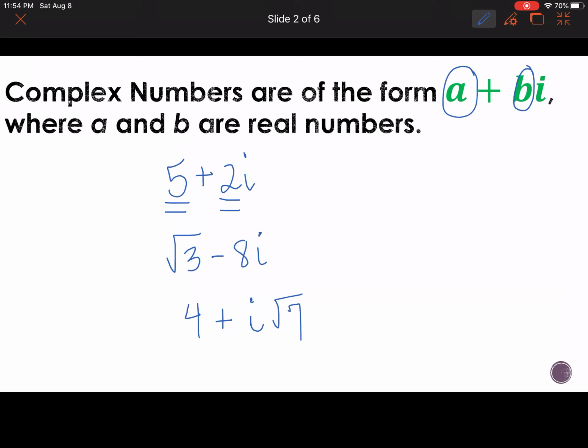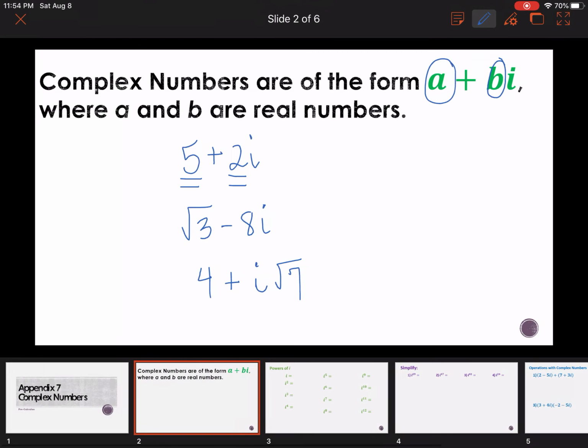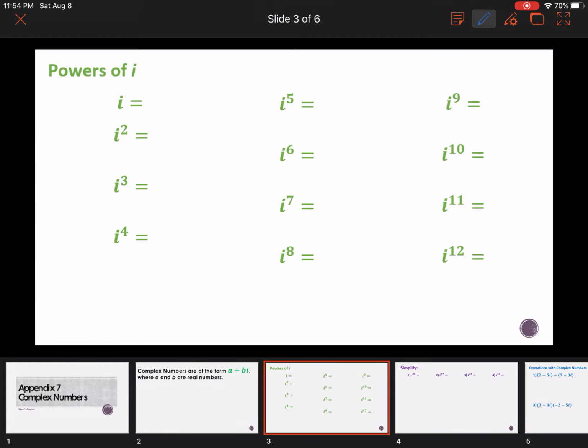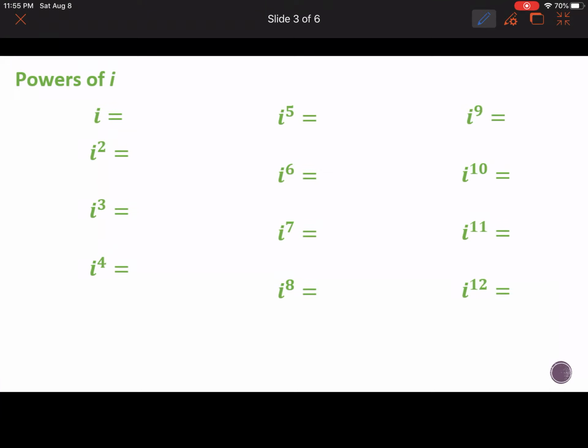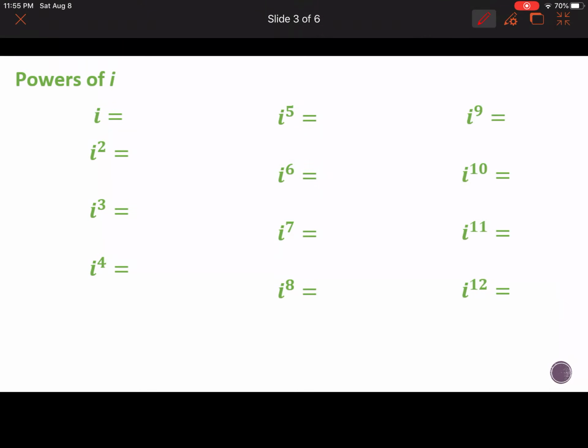Okay, so let's do some operations with imaginary terms. If we go back to Algebra 2, we covered two things in Algebra 2. And those two things are that i is equal to the square root of negative 1 and that i squared is negative 1.